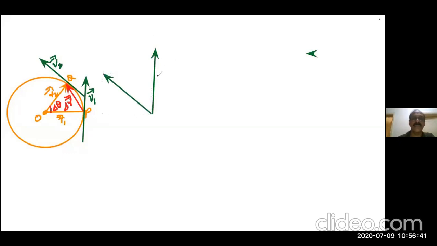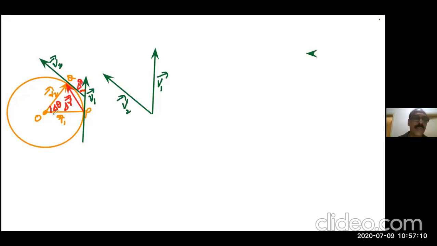This is V1, this is V2. Now the resultant will be in this direction. So the angle between V1 and V2 will automatically be the same angle delta theta, because the angle between the radii is equal to the angle between the tangents. This angle, if I take it, will come delta theta.